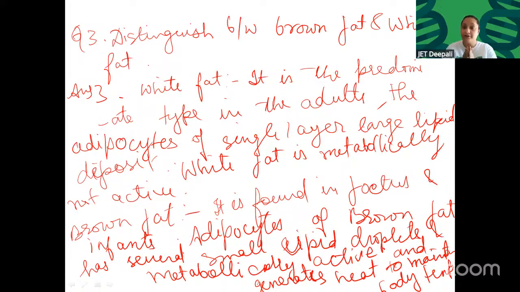But the infant usually removes the blanket from his body and if you cover it again, he will again remove it. Why? Because there is a large amount of brown fat compared to white fat. So their body is already generating too much heat. Their body is already warm from inside. So they don't want any external warmness. That is why it is their natural phenomenon that they remove the blanket.